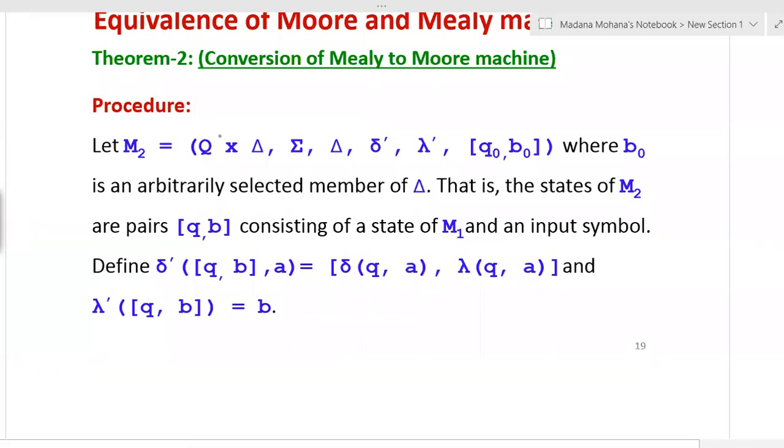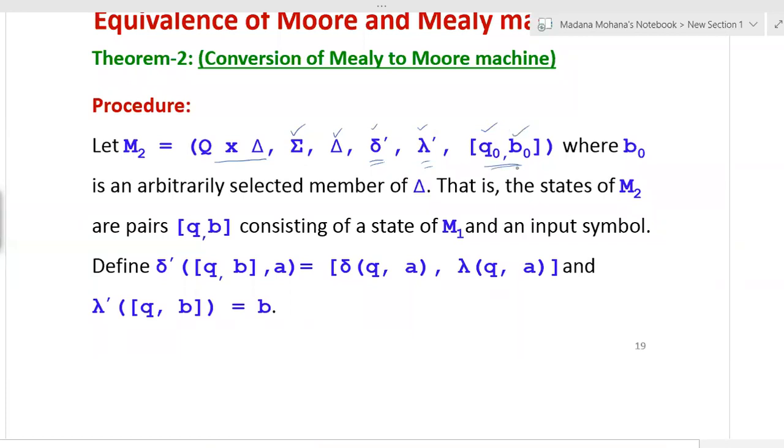Now here we can define the tuples like this: M2 equals (Q cross output alphabet delta, input alphabet sigma, output alphabet delta, transition function delta dash, which you need to find out, output function lambda dash, which you also need to find out, and the initial state denoted by the combination of the initial state and an output alphabet, let us take B0).